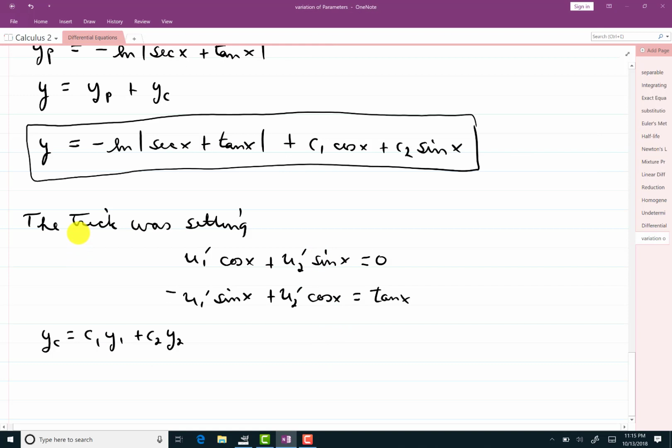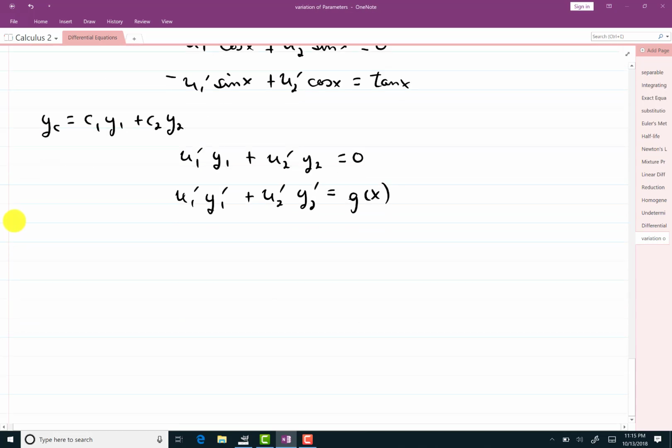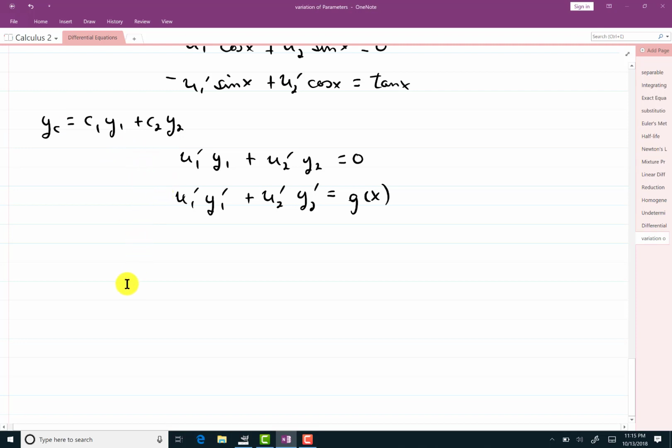So if we are looking for a general way of doing this, where y1 and y2 are linearly independent solutions, then this is equivalent to u1 prime y1 plus u2 prime y2 equal to 0, and then u1 prime y1 prime plus u2 prime y2 prime equals some sort of a function. I don't think I'll use f. I'll use whatever function was in the end there. We'll call it g of x. So that was the trick. In fact, this is the trick for solving this type of equation.